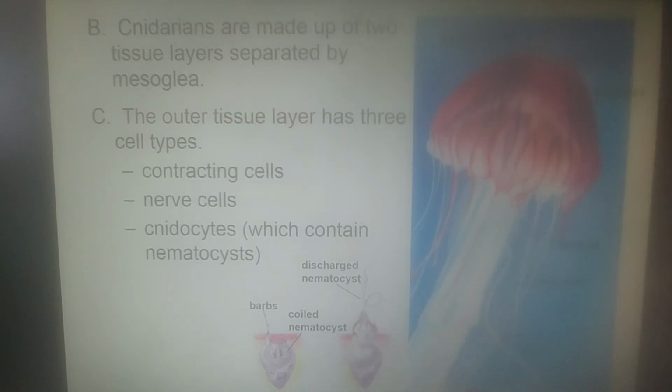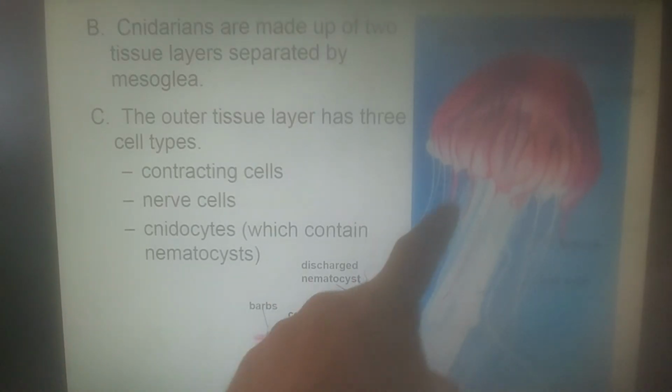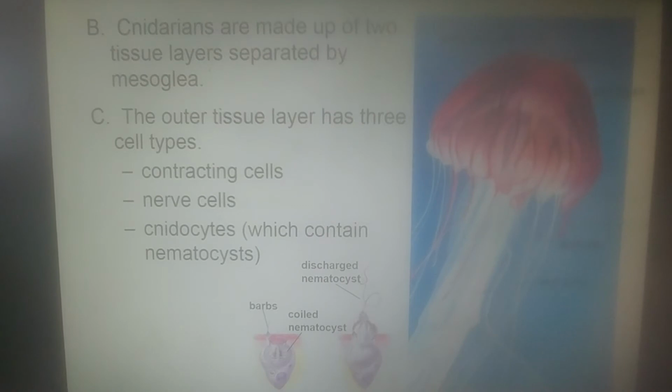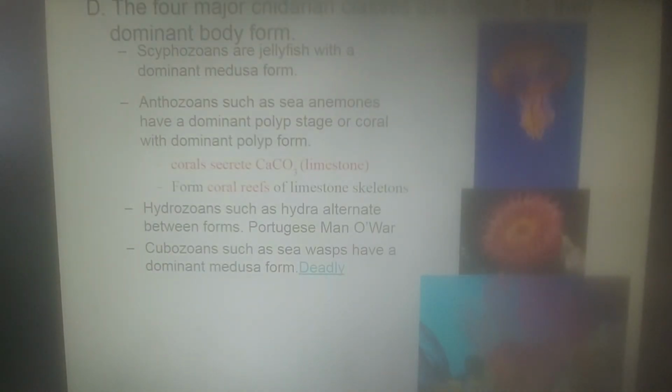That's why jellyfish burn really bad: this triggers and goes into you, and that's how all Cnidarians capture their prey. So all the way through are going to be these cnidocytes to try and grab everything, and all of them have these little stinging harpoons.